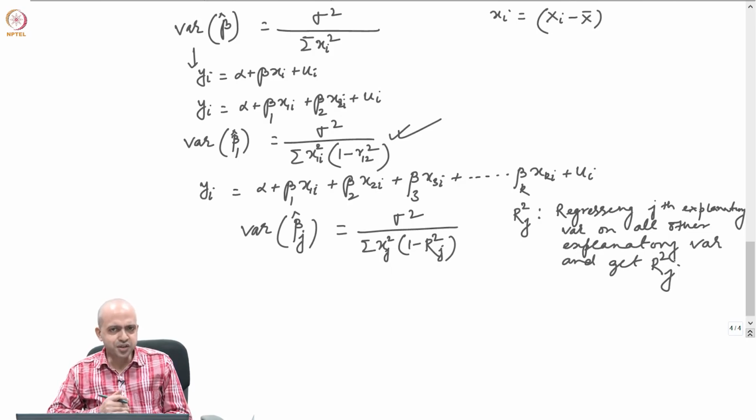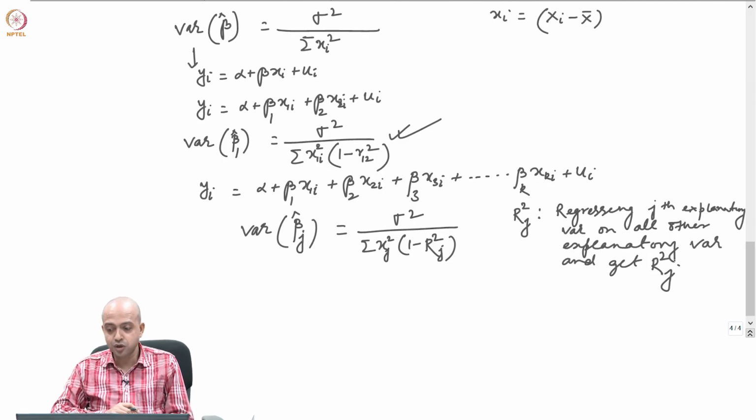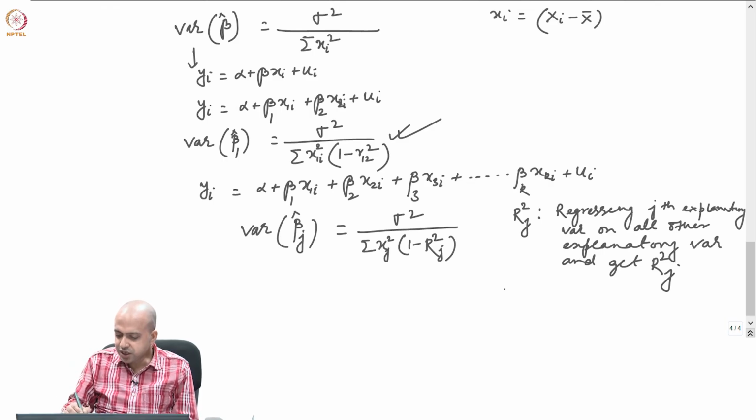And why am I regressing this? Because this regression basically shows if other explanatory variables can explain a significant portion in the variation in xj, that basically shows that all other variables are highly correlated with the jth explanatory variable, quite simple. So, they are basically asking you to run this type of regression.